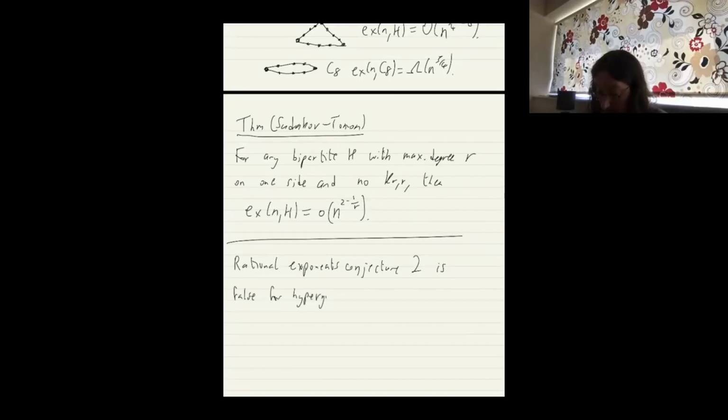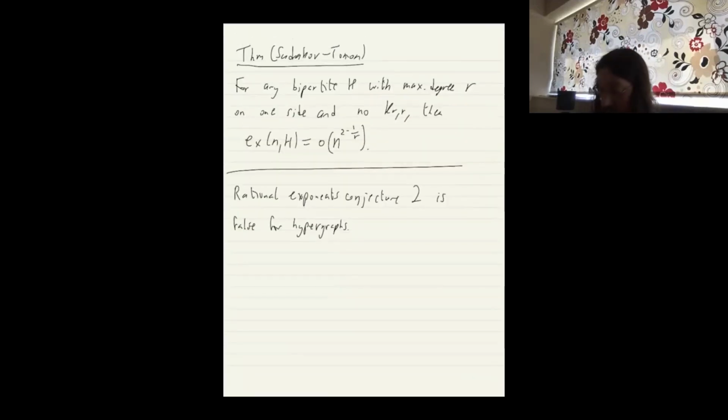And the reason for that is because of this classical example. The extremal number of, if you take two graphs, one of which is just two edges sharing a pair of points, and the other is a triangle.